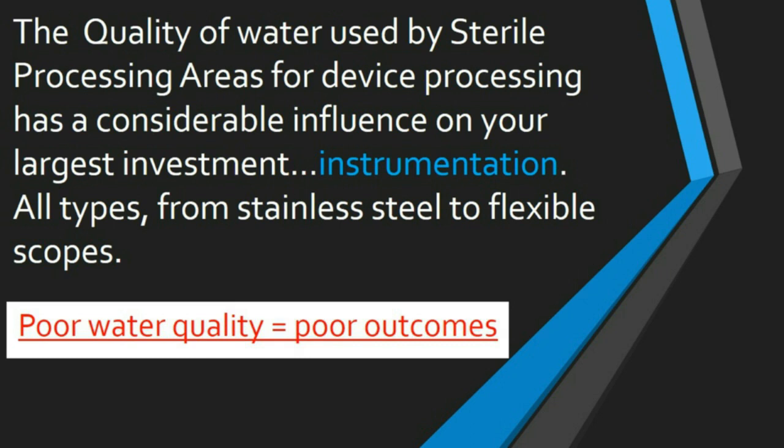All types of instruments, from your stainless steel instruments all the way up to probably one of the most expensive pieces of instrumentation to buy now, which are flexible scopes. And poor water quality is going to equal poor outcomes. You're going to have to re-clean or do any number of things to try to combat having poor water quality.